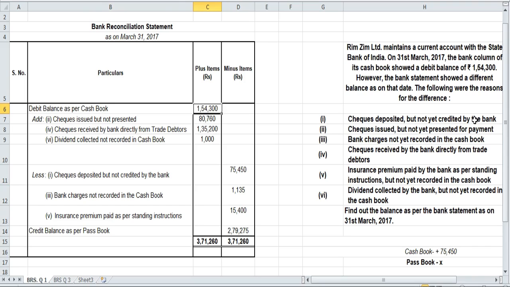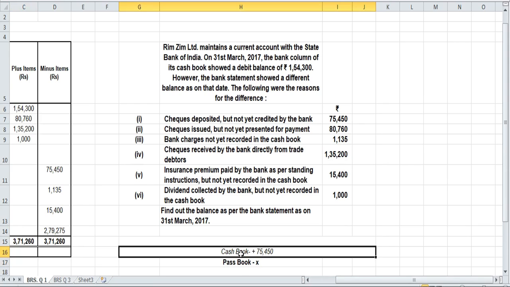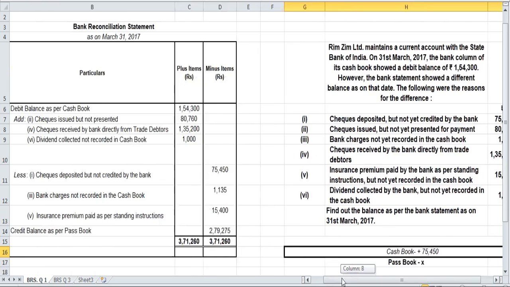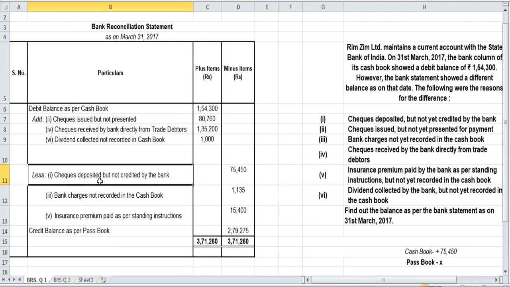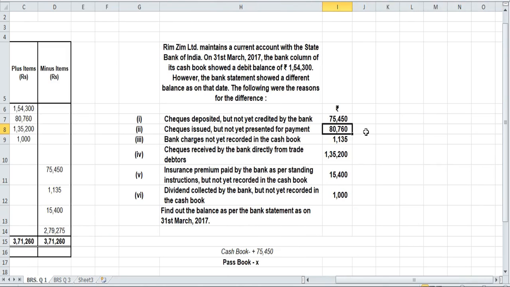Then the first question said deposited but not credited by the bank 75,450. Since the cash book has the deposit and the passbook does not, and we are starting from the cash book, we will bring the cash book down because the passbook is yet not deposited. So we will write here: less checks deposited but not credited by the bank 75,450.